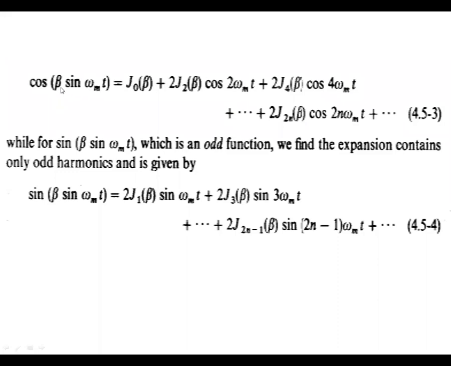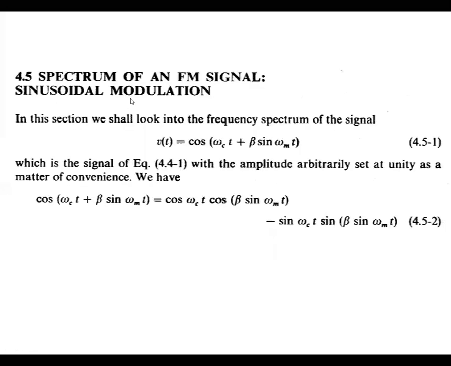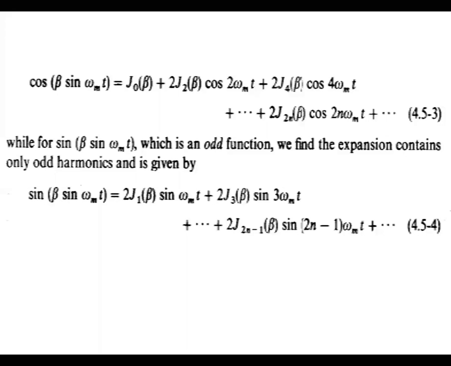So this equation gives the even harmonics. The cos(β sin ω_m t) produces even harmonics.